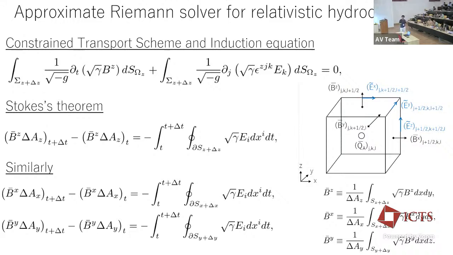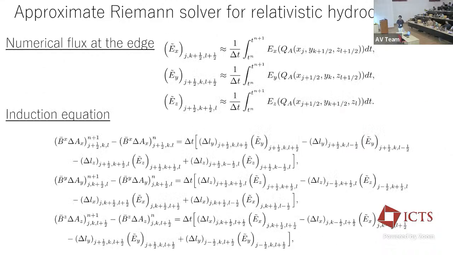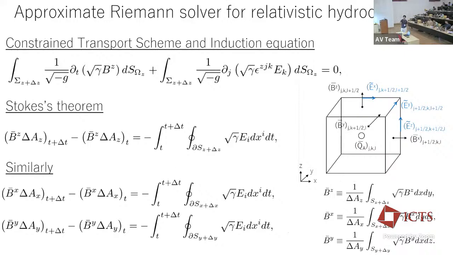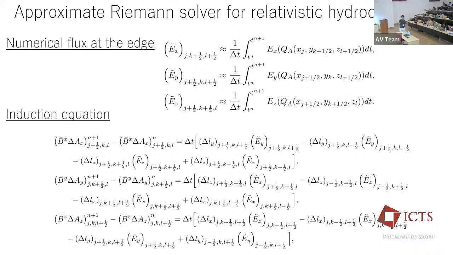Similarly, the x component or the y component of the magnetic field is given by these equations, where I assume the surface average of the magnetic field in each component by these equations. The electric field is nothing but the numerical flux. So the numerical flux at the edge is given by these equations, and the induction equation is reduced to these equations.